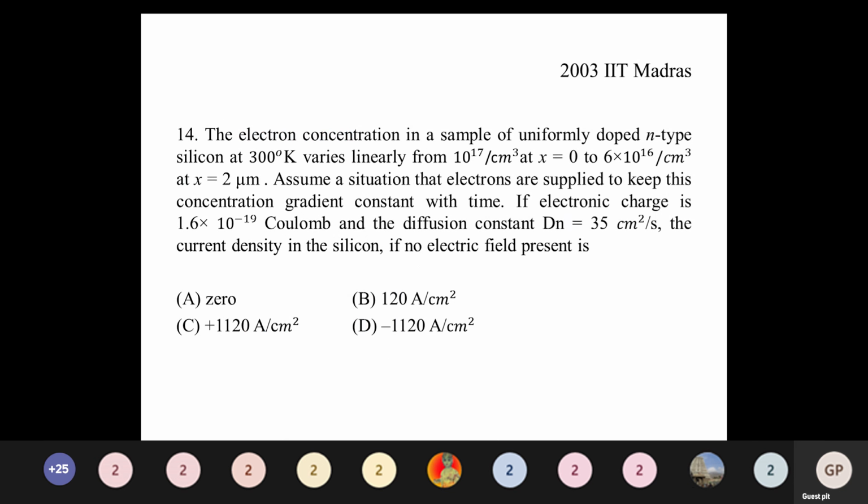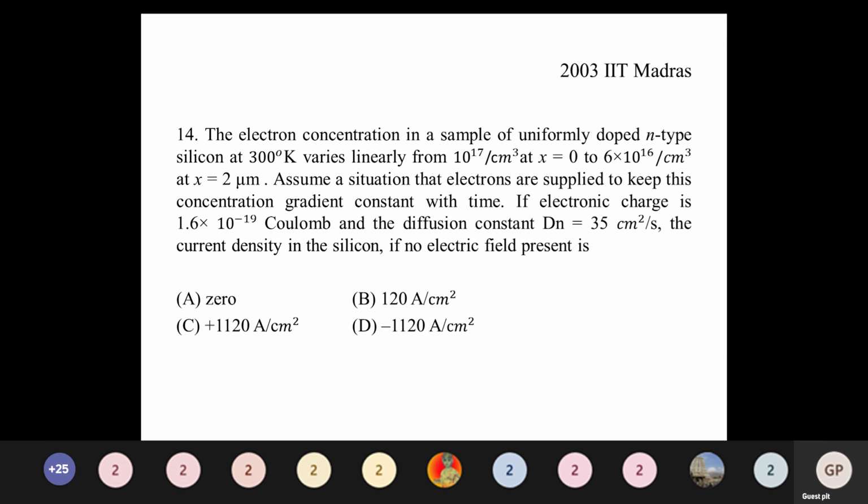The next problem. The electron concentration in a sample of uniformly doped N-type silicon at 300 degree Kelvin varies linearly from 10 to the power 17 per centimeter cube at x equal to 0 to 6 into 10 to the power 16 per centimeter cube at x equal to 2 micrometer.